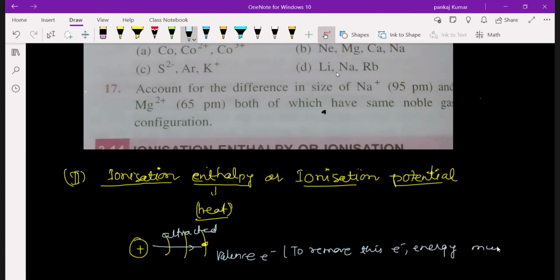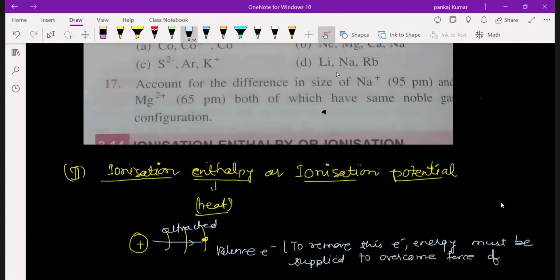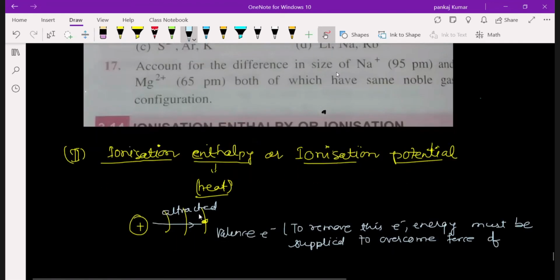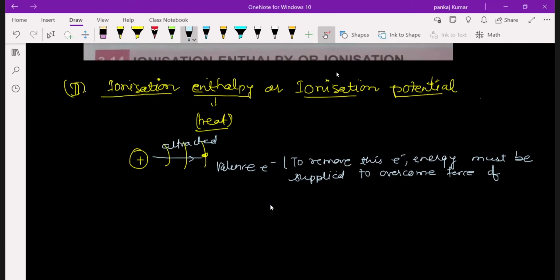Energy must be supplied to overcome the force of attraction towards the nucleus.